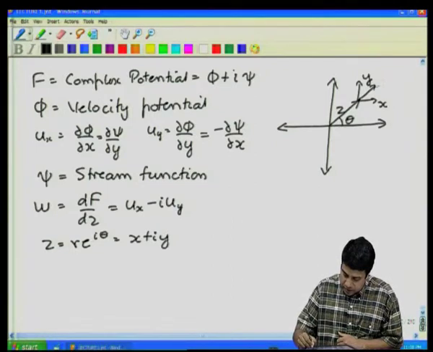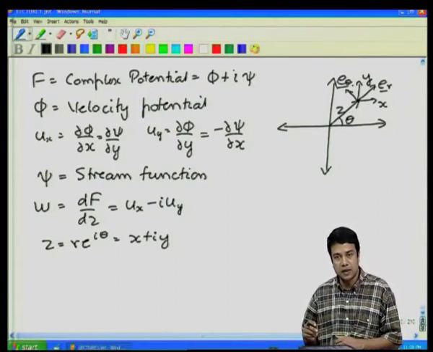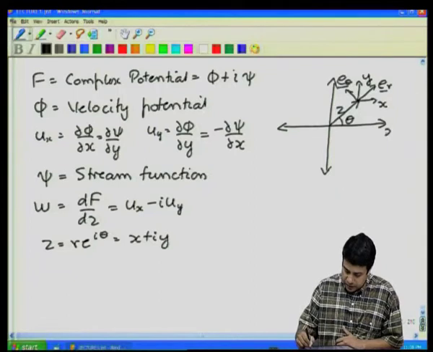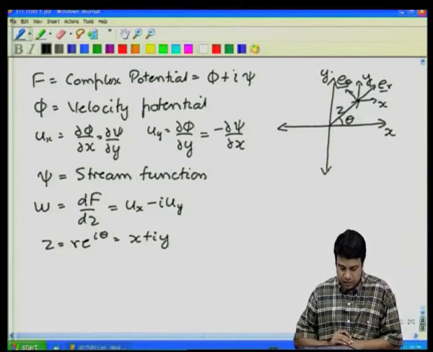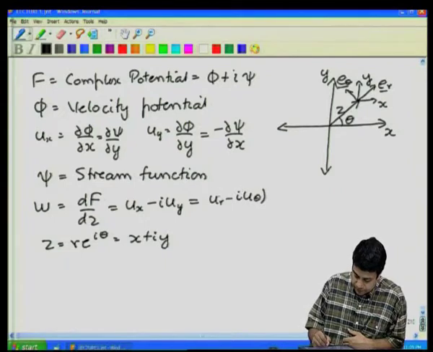So, the unit vector in the radial direction is in this direction, and the theta vector is along the direction of increasing theta, which is the anti-clockwise direction in this plane. Okay. So, I can also express w in terms of u r and u theta, the components of the velocity along the radial and the theta direction. Expressed in terms of this, it turns out to be equal to u r minus I u theta into e power minus I theta.